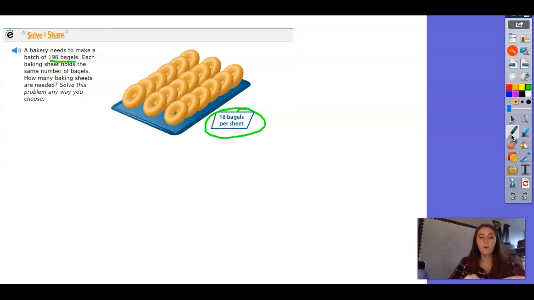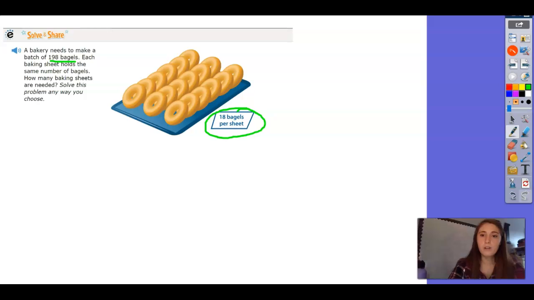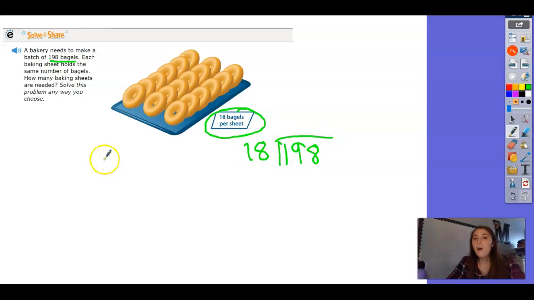So I'm going to write that on my workspace: 198 divided by 18. I'm going to take the same approach that I did last week when I look at my hundreds place and see what I can do, and then I'll move on to the lower place values.